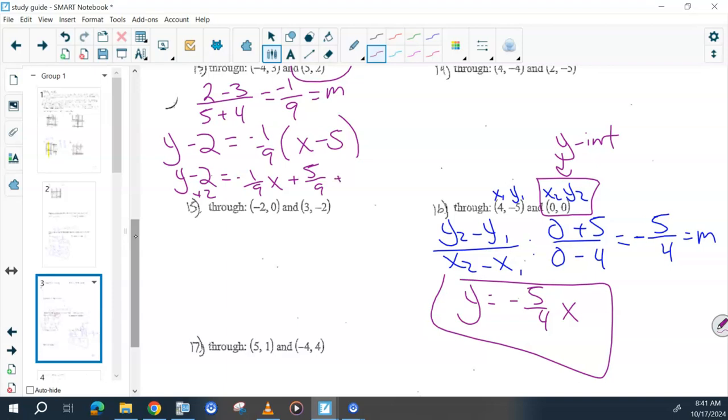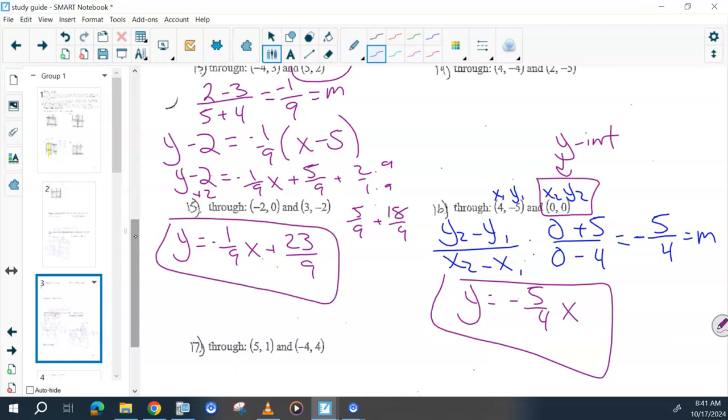So if I'm adding 2, that would be 5/9 plus 18/9. So if you get a fraction, you could do that math in your head, in the calculator, by hand, algebraically, any of those.